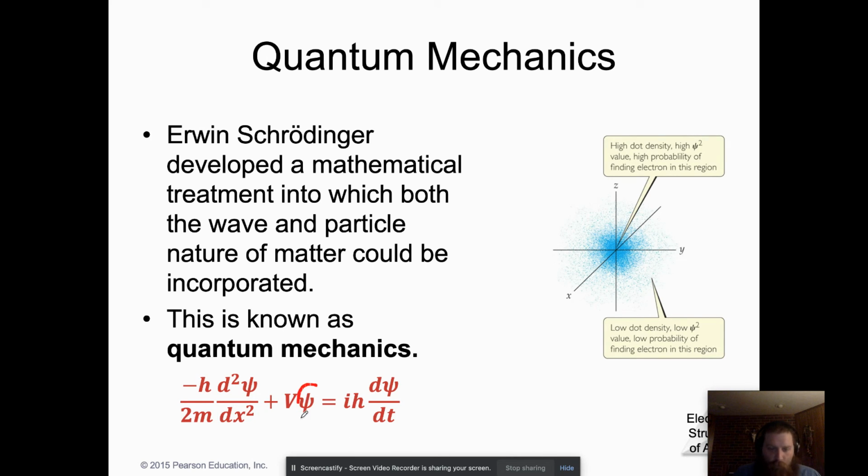Here's the big takeaway. This thing right here is psi. Psi is the most important part of this equation. You want to be able to recognize psi. It's a Greek letter. Now, when we talk about Schrodinger's wave equation, we could spend hours talking about it because it's a really interesting concept. First, no one really knows what psi is.